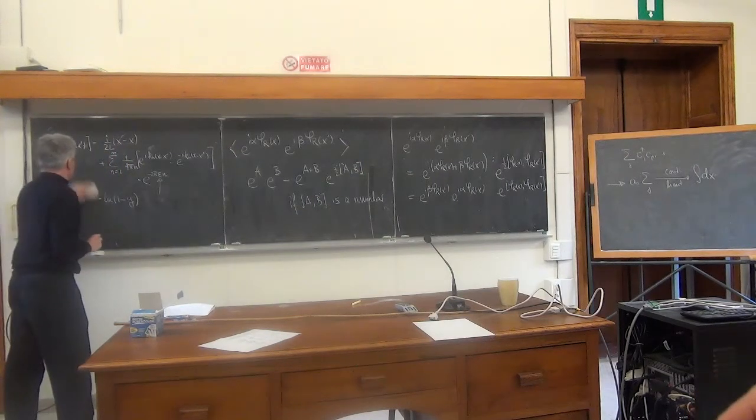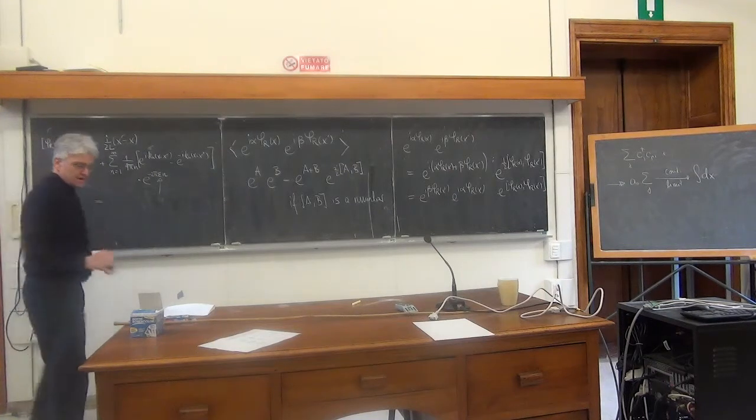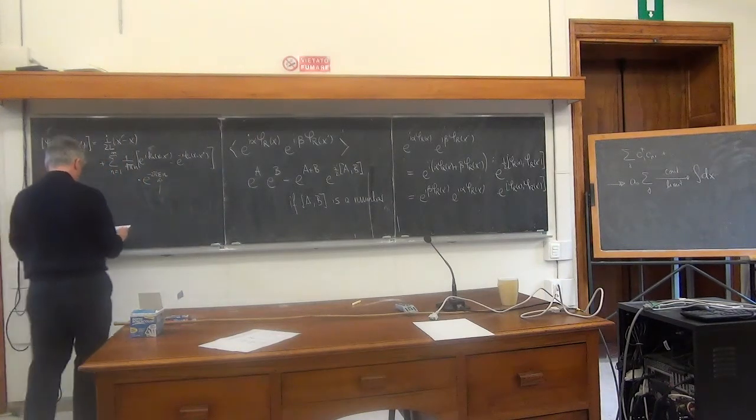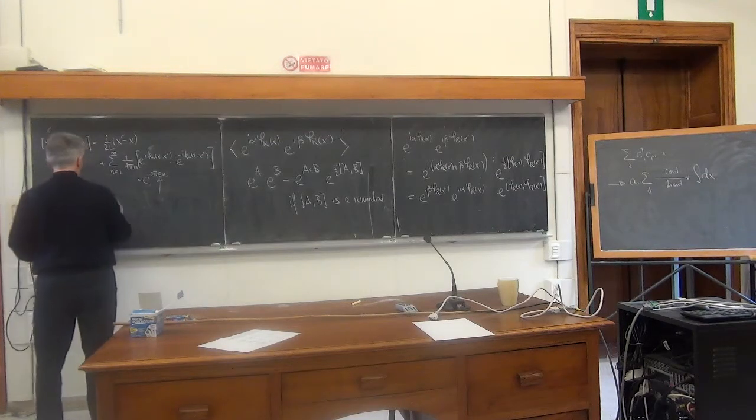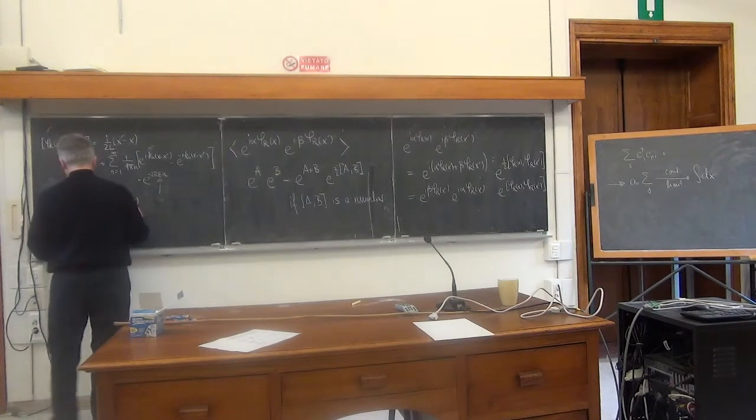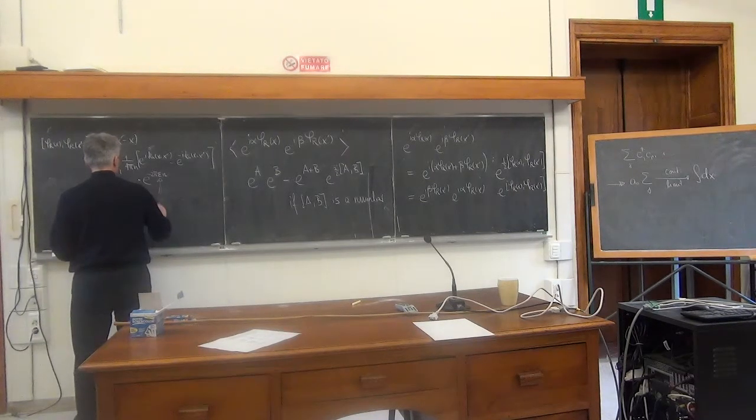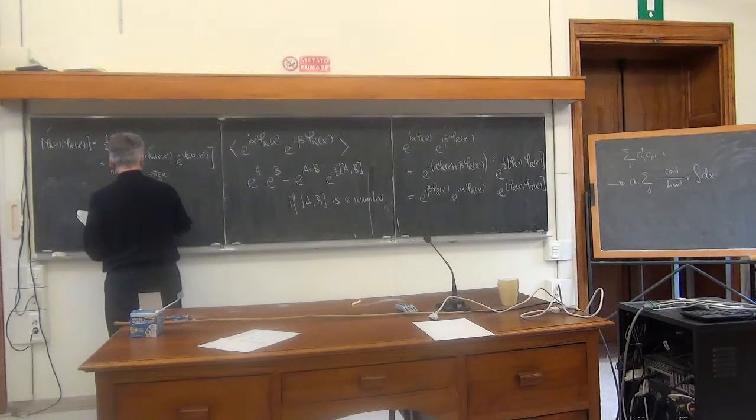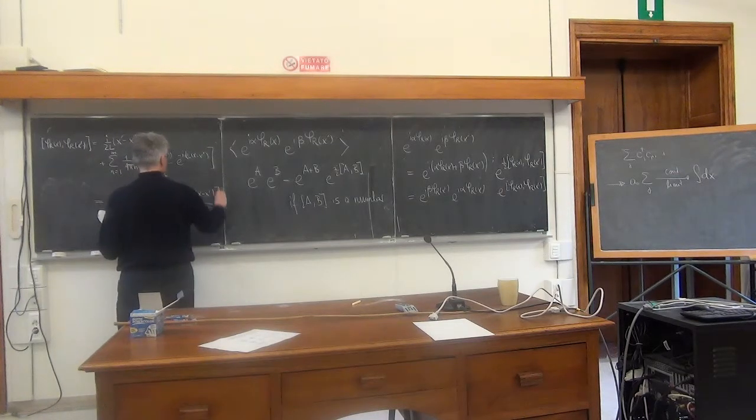And what I find is that this becomes i divided by 2L times (x' minus x) plus 1 over 4 pi ln of [1 minus e to the minus 2 pi i over L (x minus x')] over [1 minus e to the 2 pi i over L (x minus x')].